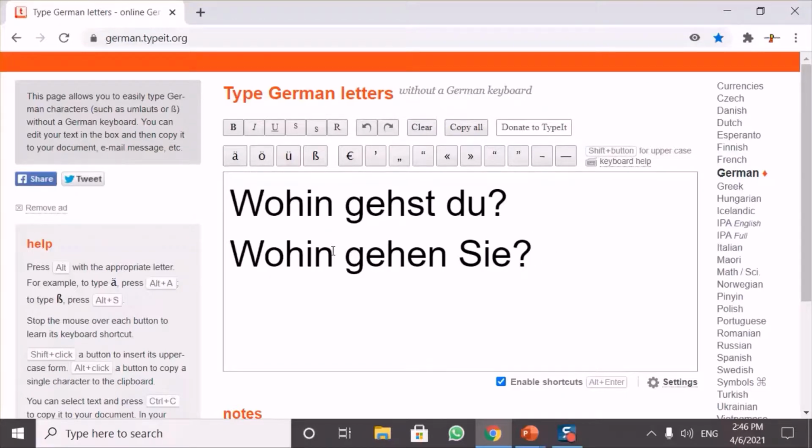Now, the interesting thing about this question wohin, as I mentioned earlier also, is that it is made up of wo and hin, where wo means where and hin means to. So, in German, you can also separate this question in such a way that wo remains in the beginning of the question and hin comes at the end of the question, like this.